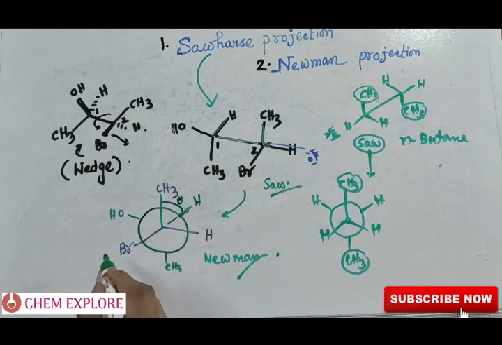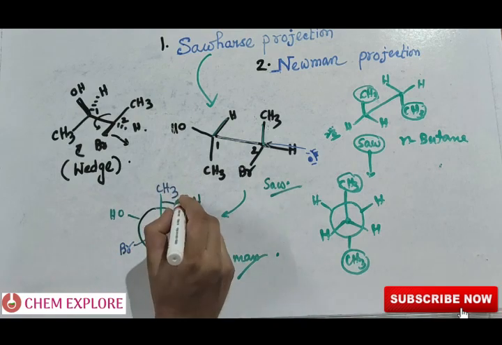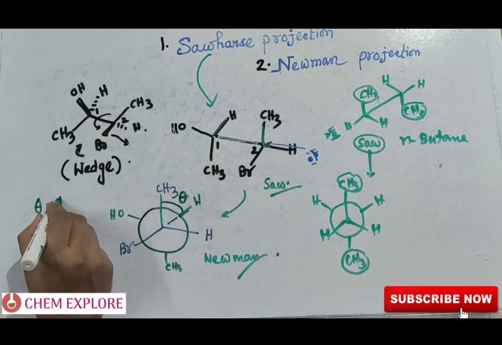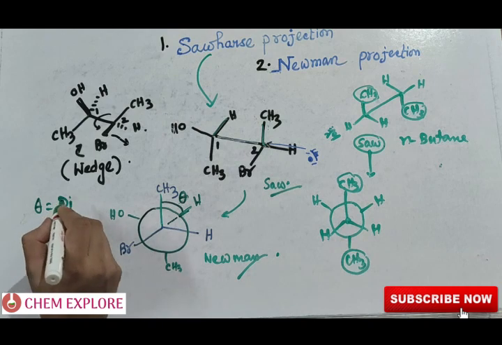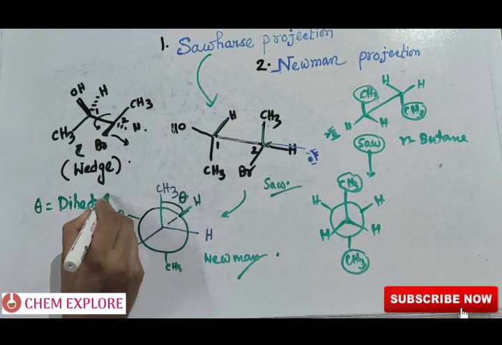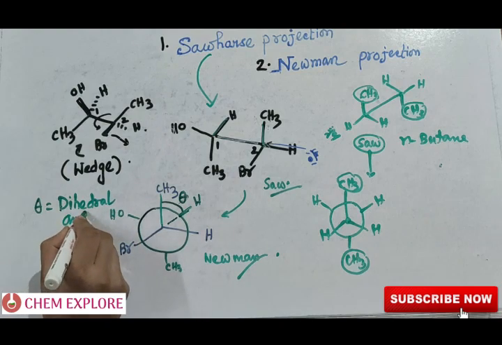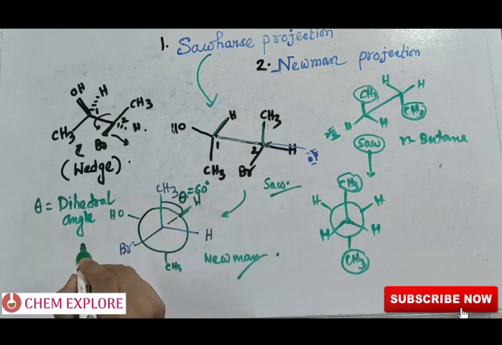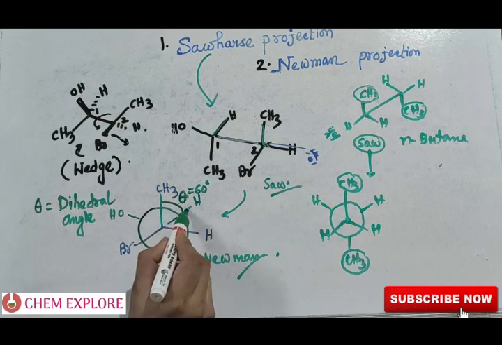This is called theta, we can denote it as theta, and this is called the dihedral angle. So theta is your dihedral angle, okay. For this case, this theta value is 60 degrees, between CH3 and hydrogen.